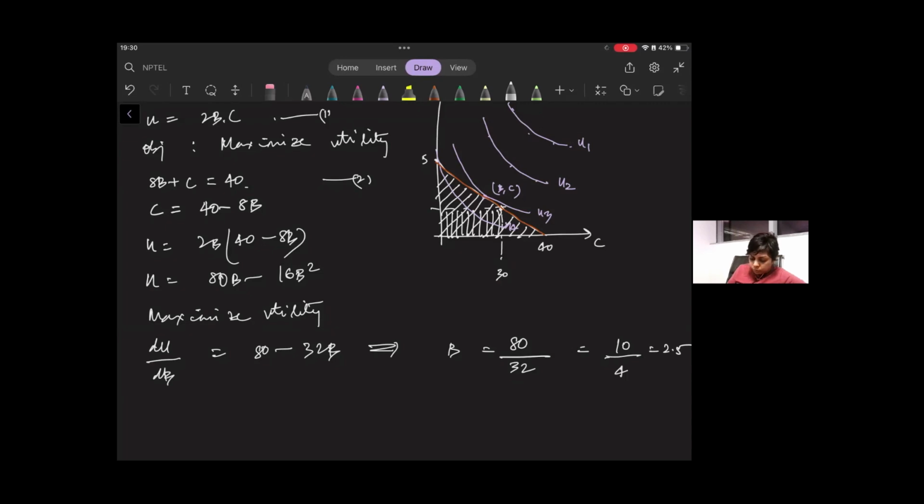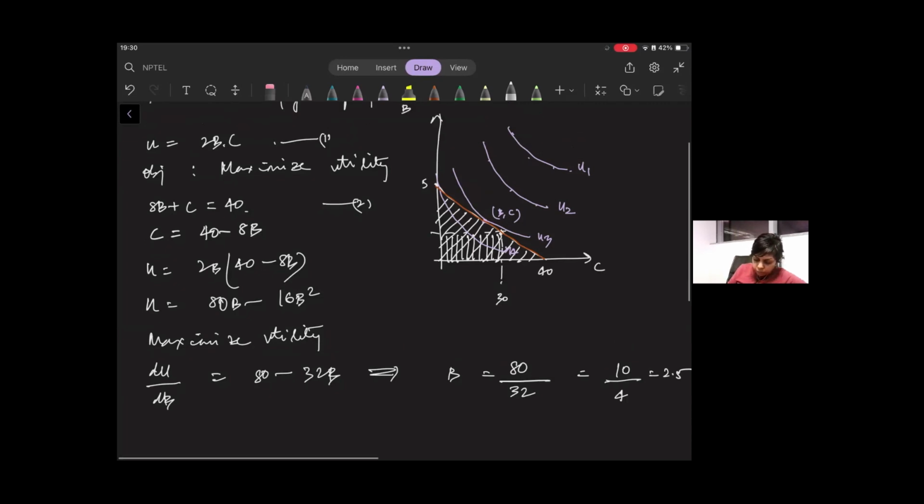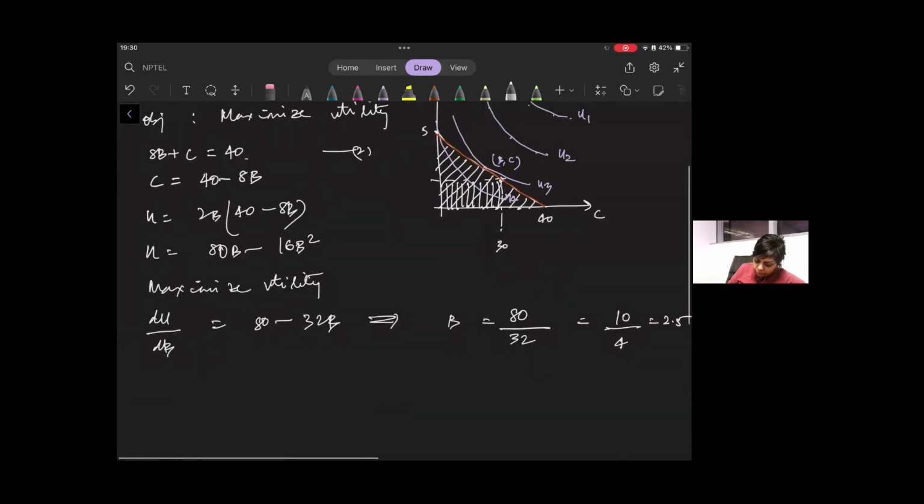Okay, so you plug that back into that equation. 8 into 2.5 plus c is equal to 40. It's what? Yeah, something is wrong. Yeah, then c is negative. Something is wrong. I've made some mistake here.